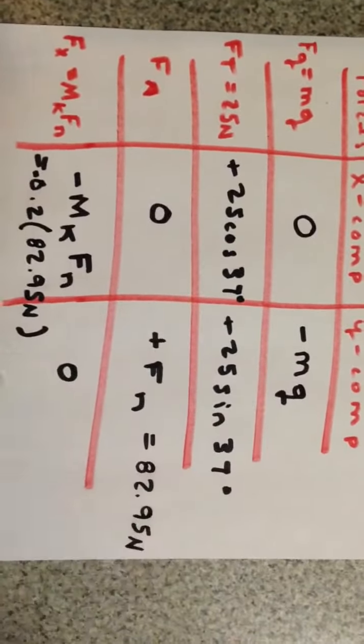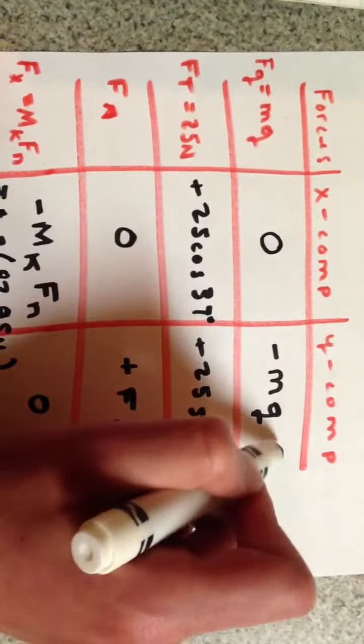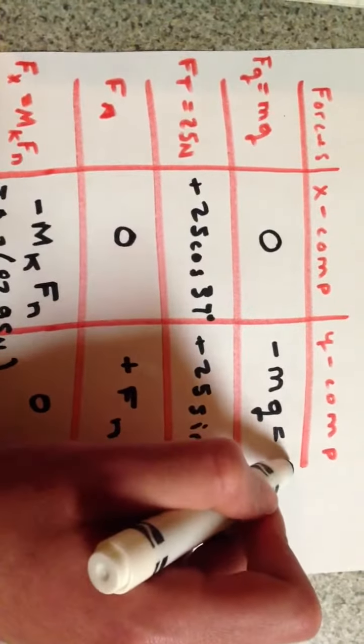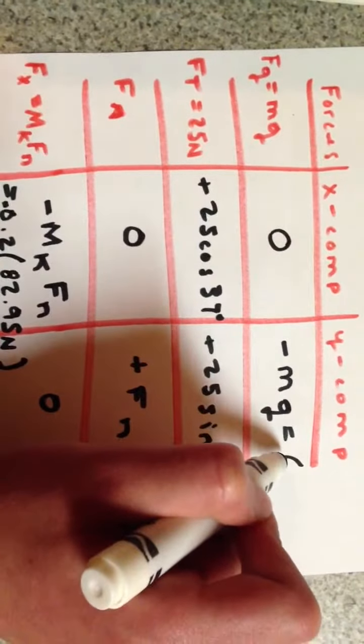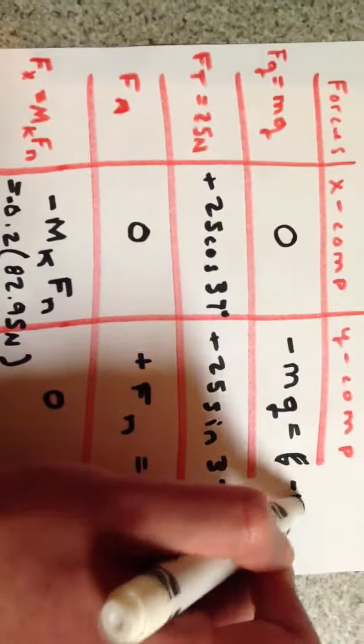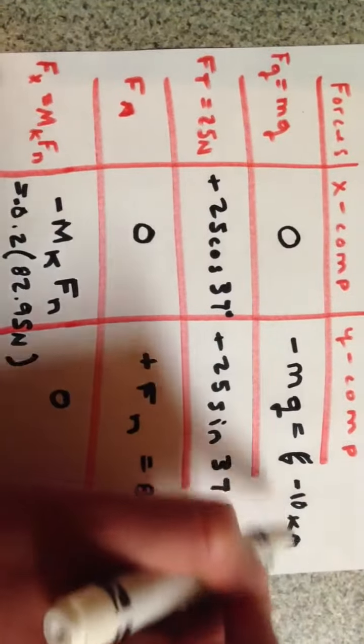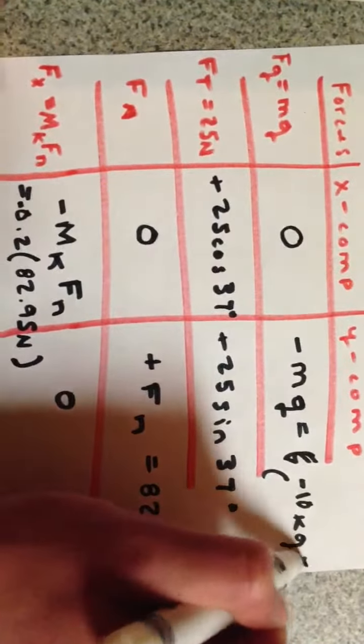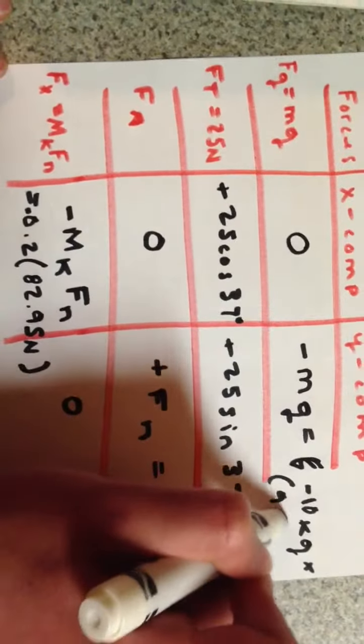And last, for gravity, it is negative mass times gravity, which is equal to negative 10 kilograms times 9.8.